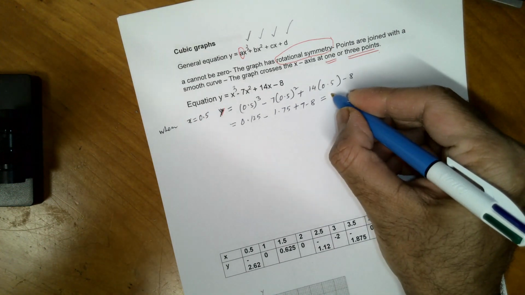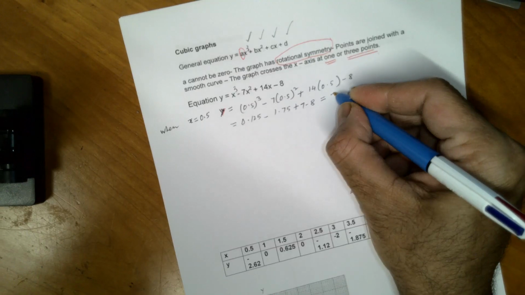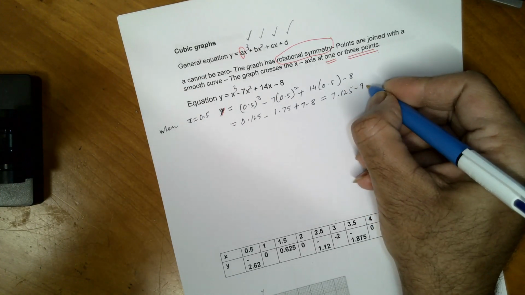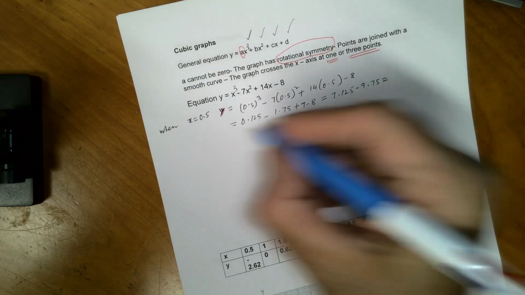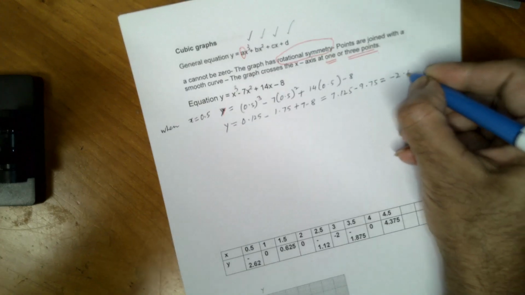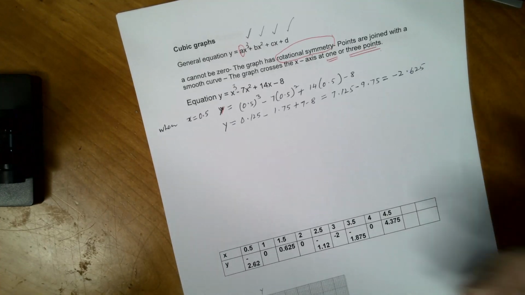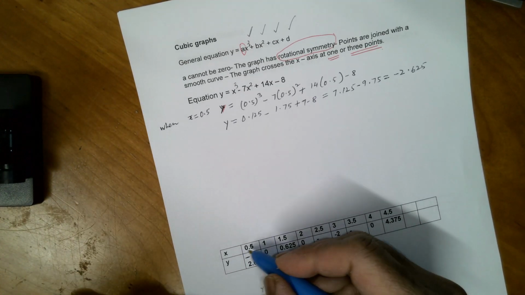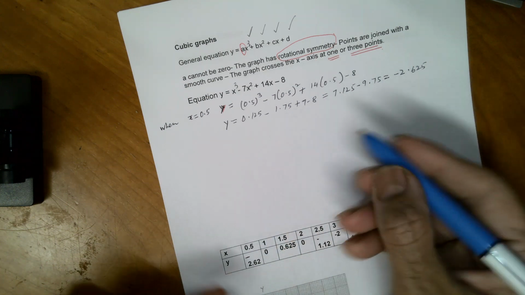So y gives us a value of minus 2.625. I think we can just go with minus 2.62, that should be okay. So when the x value is 0.5, the y value is minus 2.62.